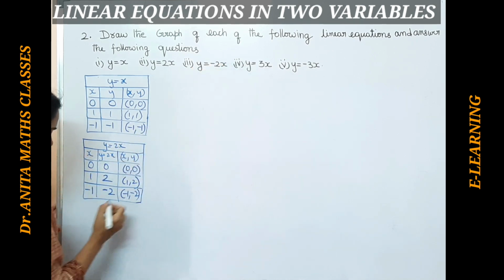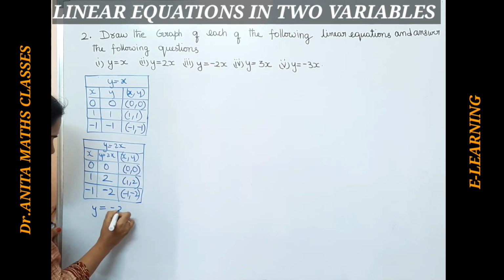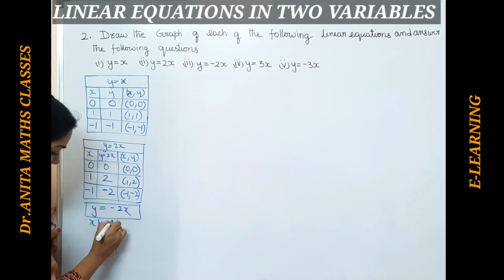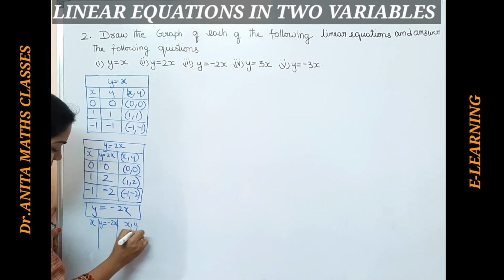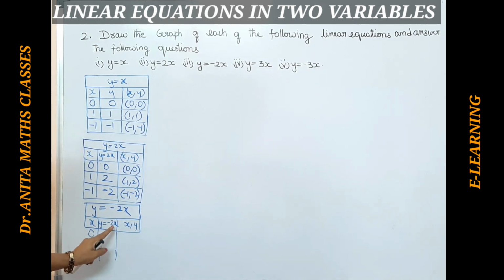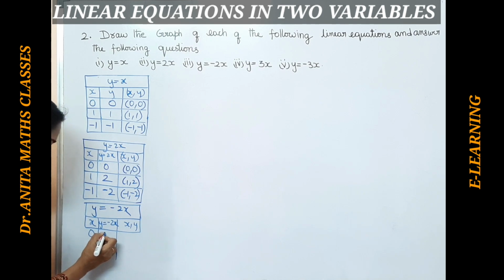Now, next comes the y is equal to minus 2x graph. In a similar way, we will take x, y equal to minus 2x, and x comma y. Let us take x is equal to 0. If you substitute 0, minus 2 into 0 is 0 again.